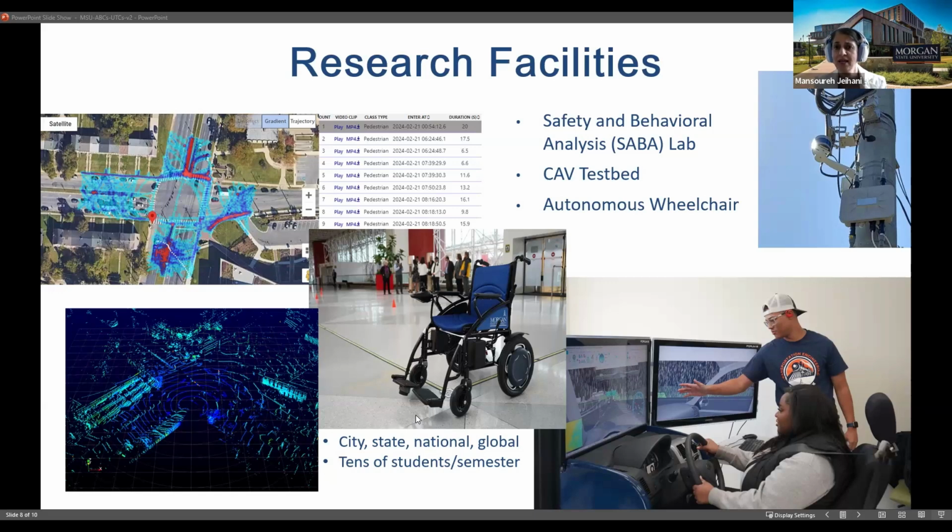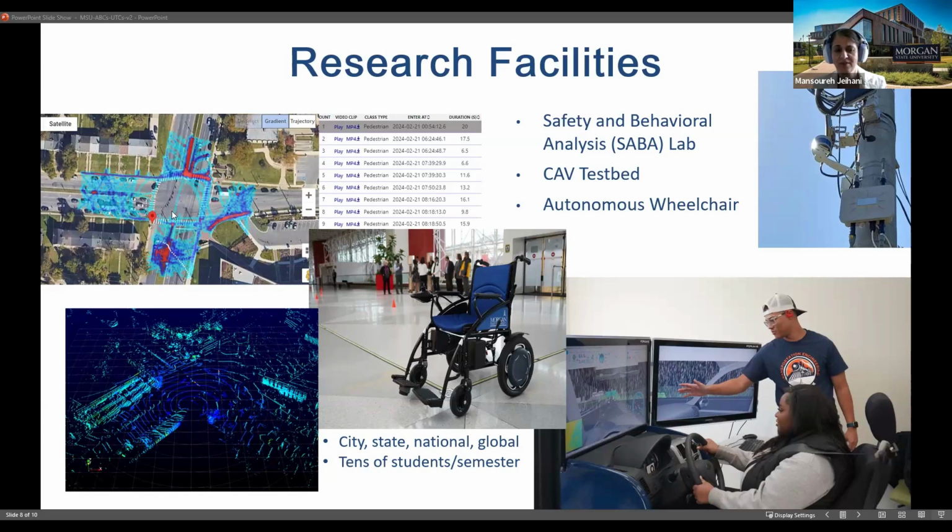And recently, we have made a connected and automated vehicle test bed with LiDARs, roadside units, CCTV cameras, and also onboard units in the vehicles and Morgan shuttles. And we get tons of data, as you can see on the top left.